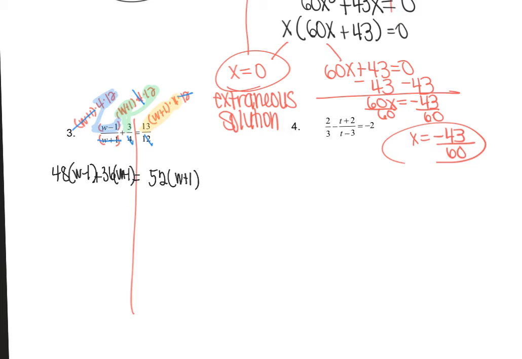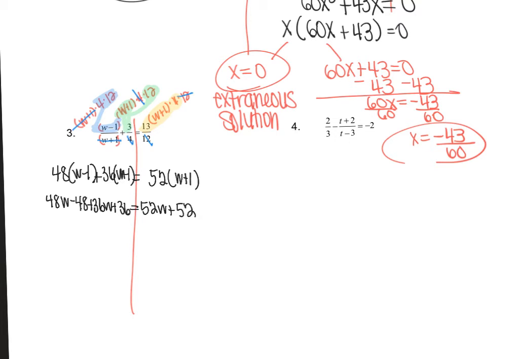Sorry, that got a little messy there. I'll clean it up here. So I have 48w minus 48 plus 36w plus 36 equals 52w plus 52.